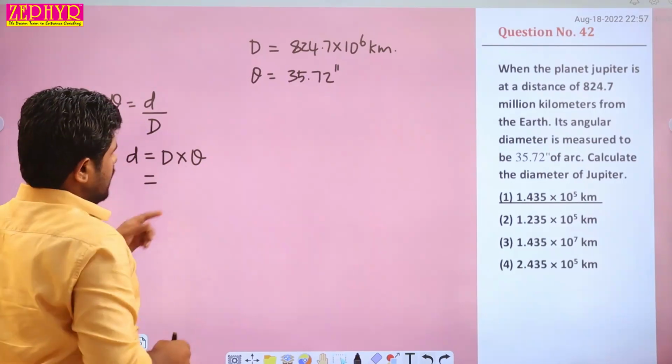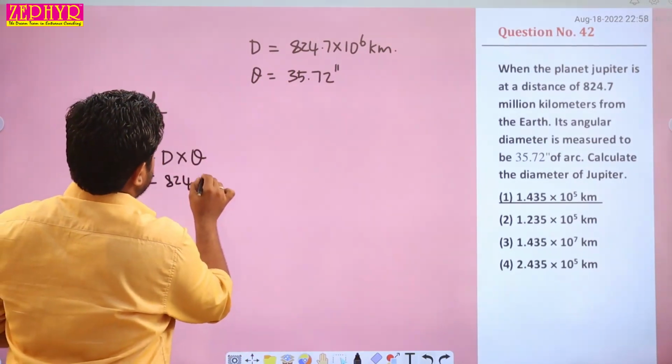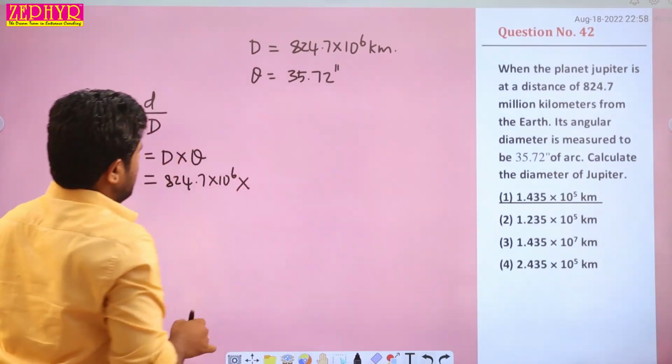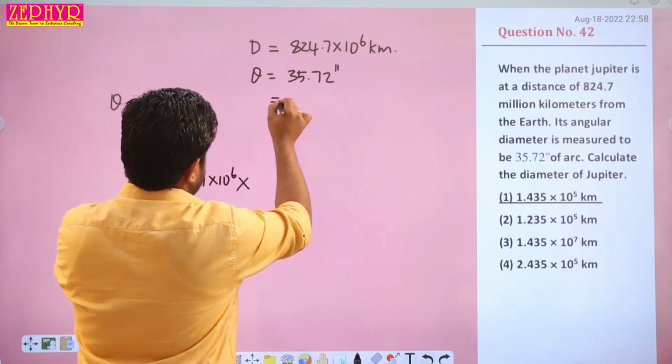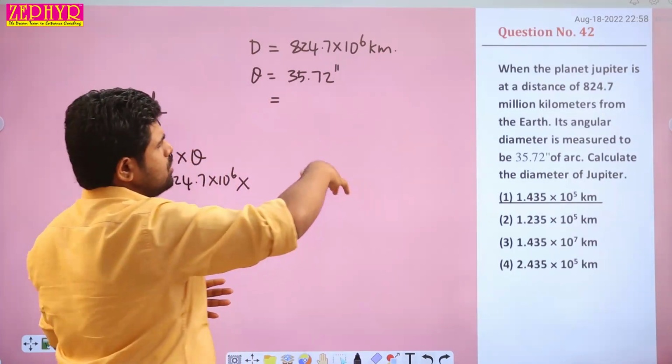So here what is d? d is equal to 824.7 into 10 raised to 6 into theta. First you change the value of theta from the second value to radian.